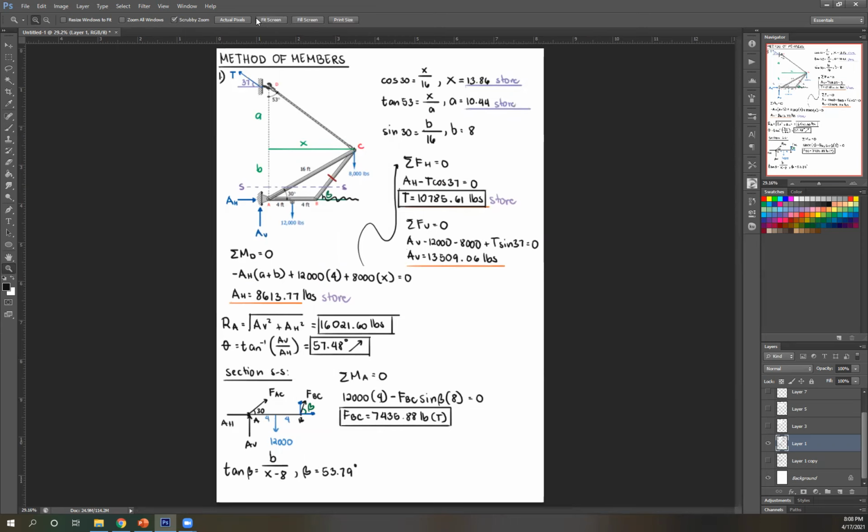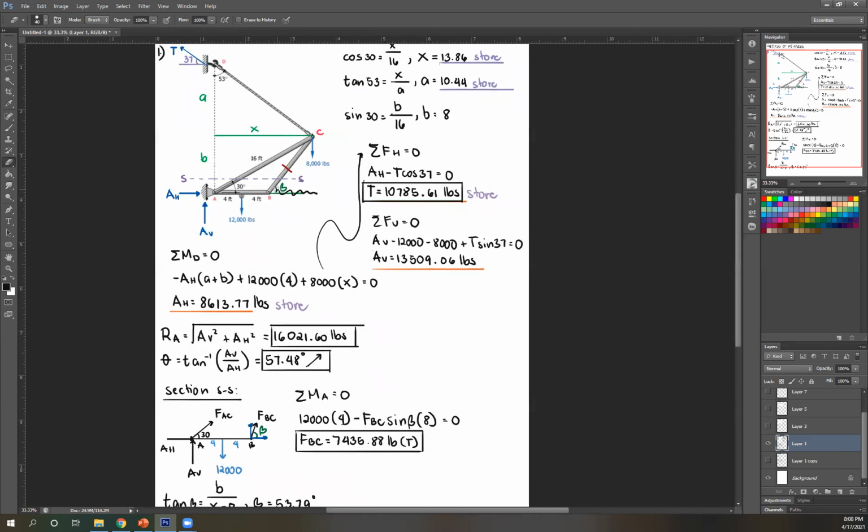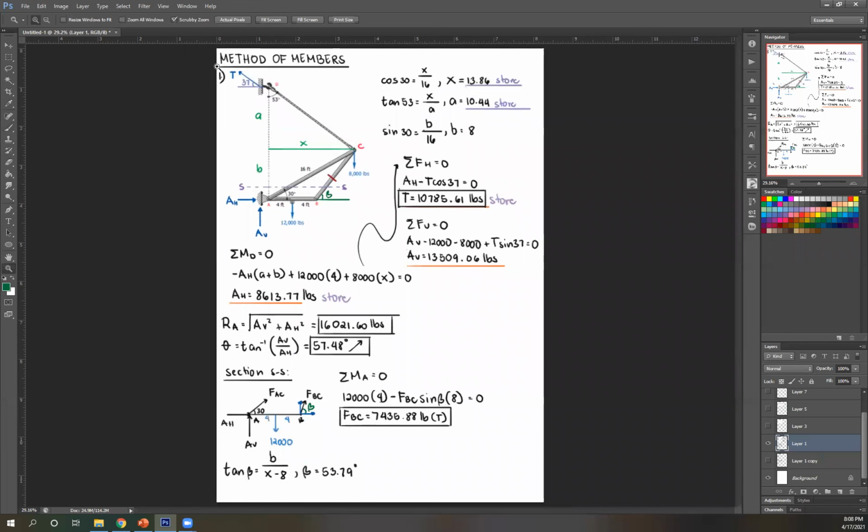Okay, we're done with number 1. Now let's continue on with number 2. But before that, the purpose of solving number 1 is to show you the difference between 3 force members and 2 force members, and to know if you're allowed or if it's advisable to use method of joints and sections if we're looking for forces in your member.